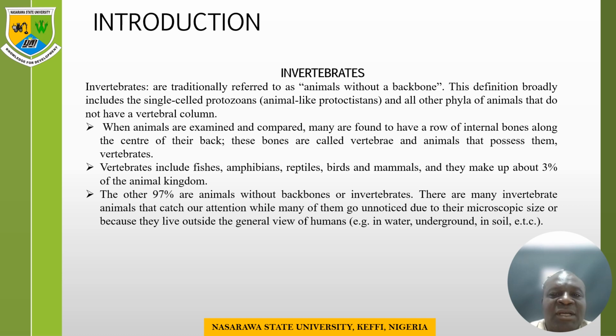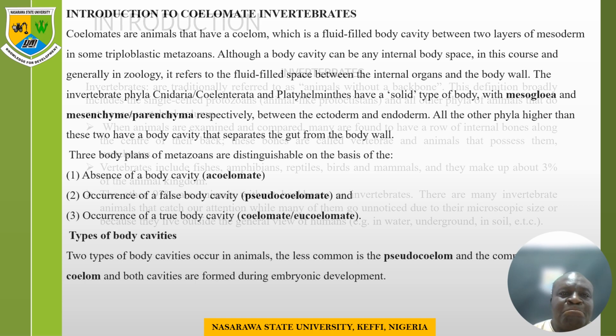Most of them are found in the aquatic environment, which is why they are small, and many are also found in the terrestrial environment. That is why in the soil we see a lot of them, and in other places, even on some trees.